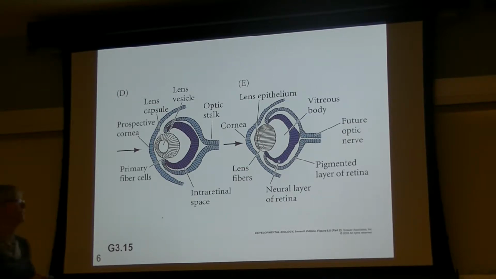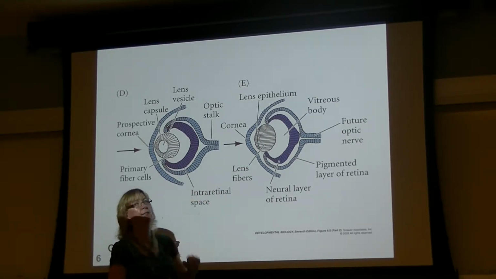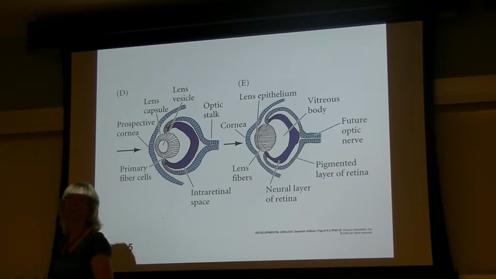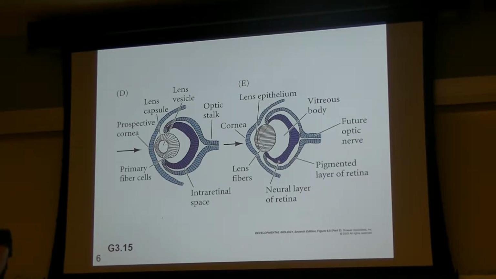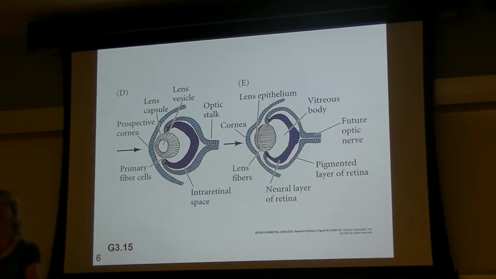In fact, they eventually make so much crystallin that the nucleus of the cell sort of dies off or degenerates, and you get just these cells that are packed with crystallin, all arranged there. And this gives the lens the properties that it has of being able to refract light in particular directions. So this is a structure that is built out of proteins that originally came from cells.